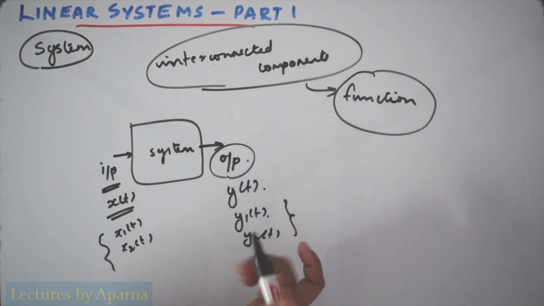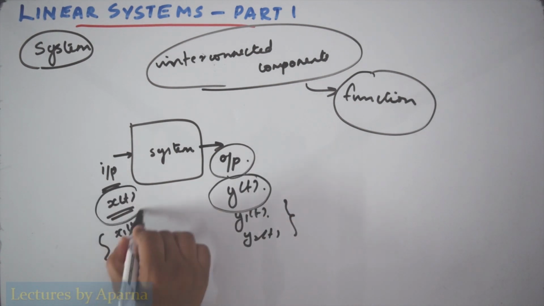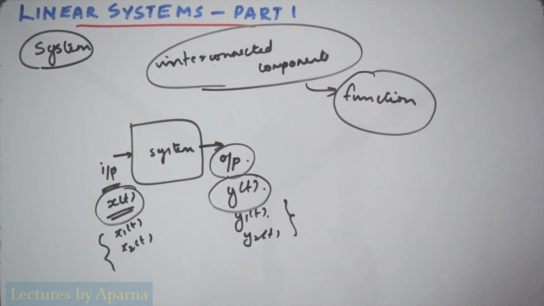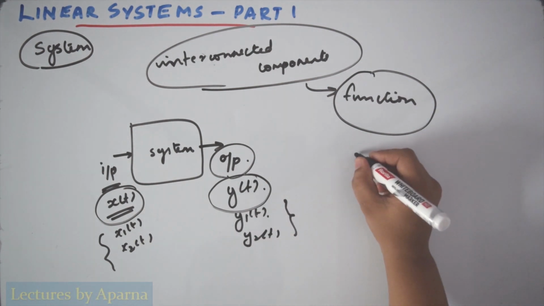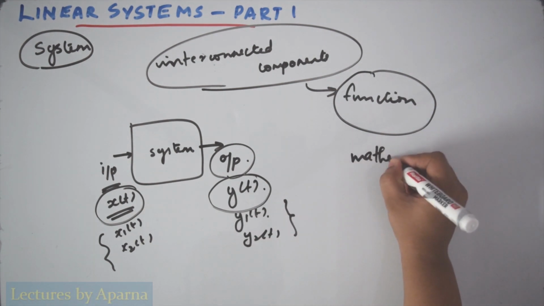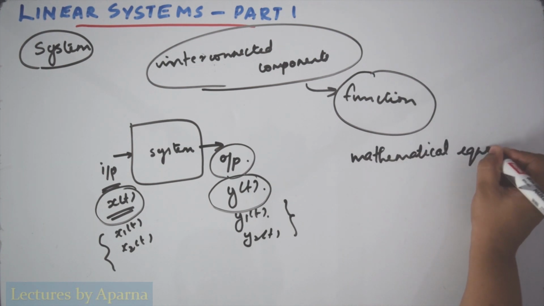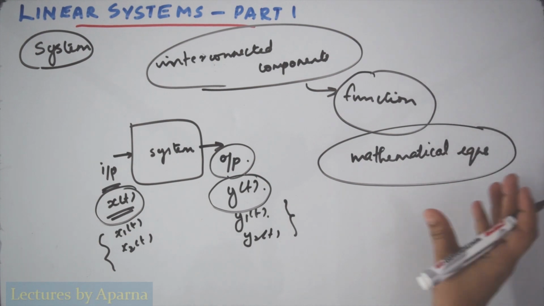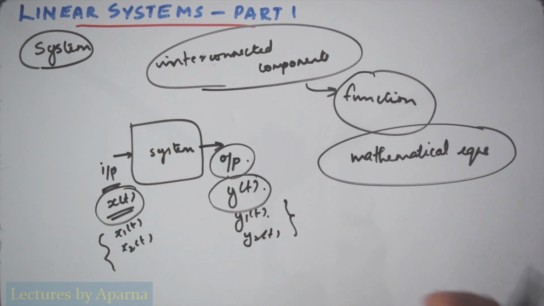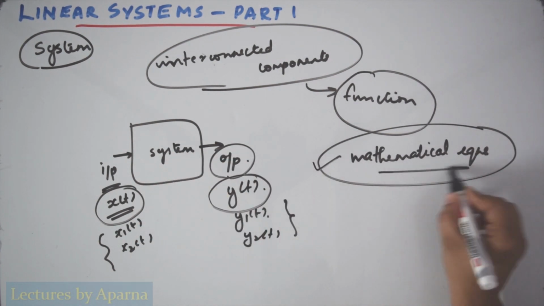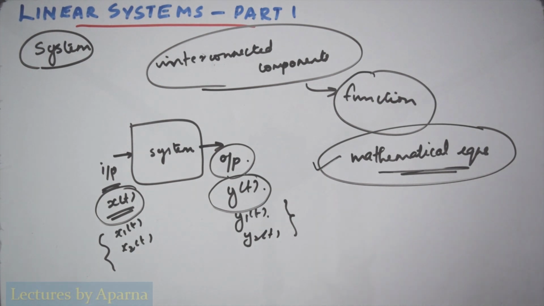Now the relationship between this output and input will be given by a set of mathematical equations, and it is these mathematical equations that define the system. That means it is these mathematical equations that say the function of the system.